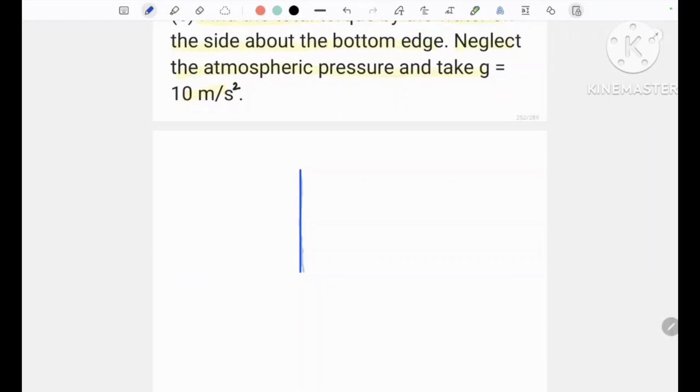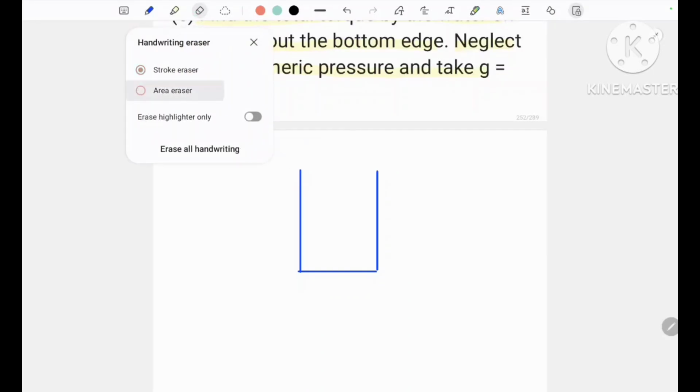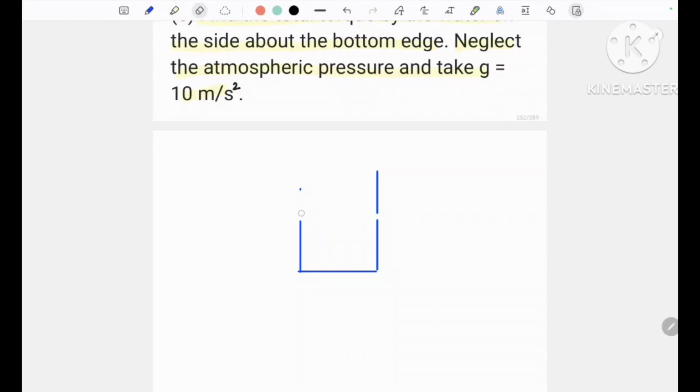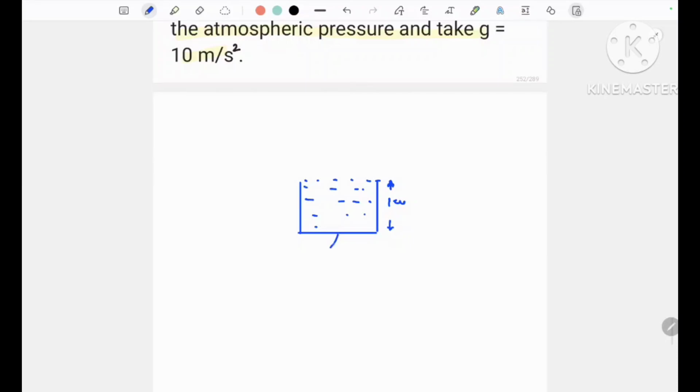Tank की height is 1 meter. And base is 3 meter into 2 meter.